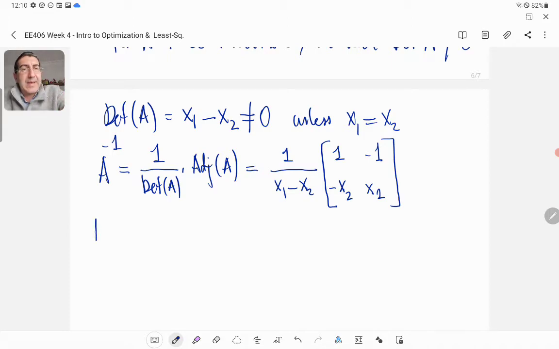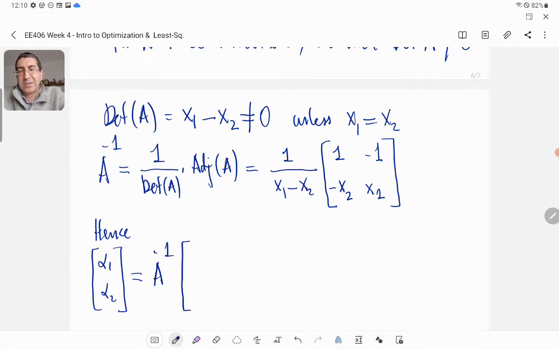So hence, we have alpha 1 and alpha 2, the unknowns, being equal to A to the power minus 1 times the y matrices, y1 and y2. Okay, so what is that equal to?